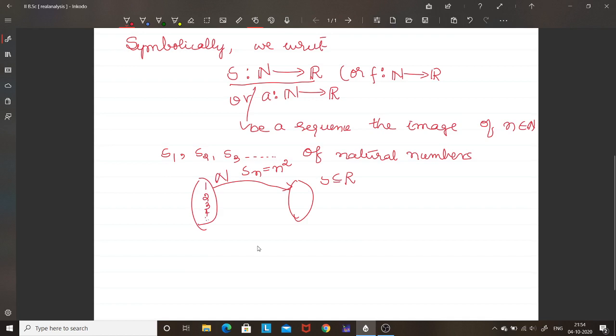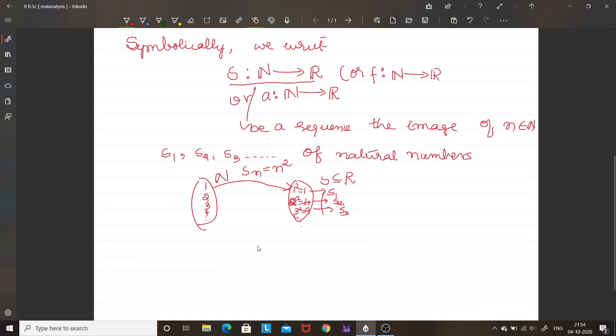What is the image of 1? 1 is 1 square, so that is 1, which is the first term, s1. For n is 2, 2 square, that is 4, this is s2. And for 3, 3 square, this is 9, this is s3, and so on. We are getting a unique image. So these elements we can say as s1, s2, s3, and so on.